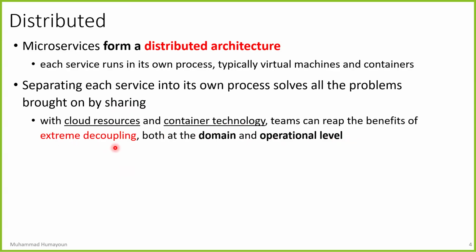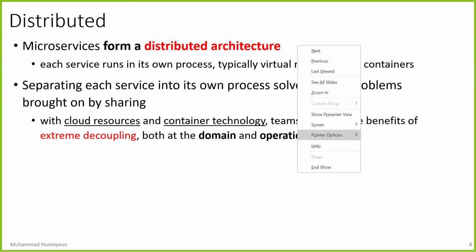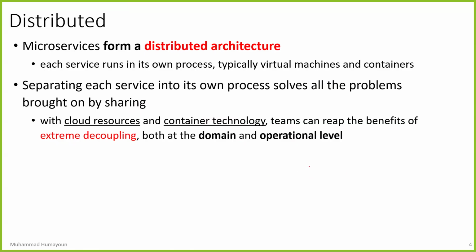No service depends on another, both at the domain and operational level. Domain is in terms of functionality, or the business process you want to achieve in one service. It is completely independent from the business process point of view, but also from the operational point of view.